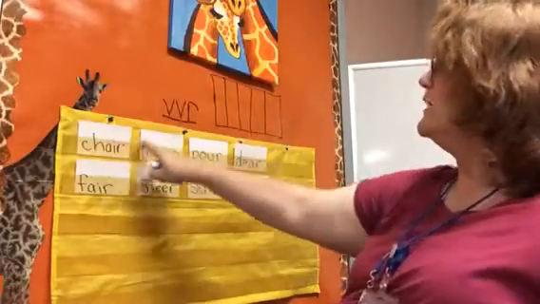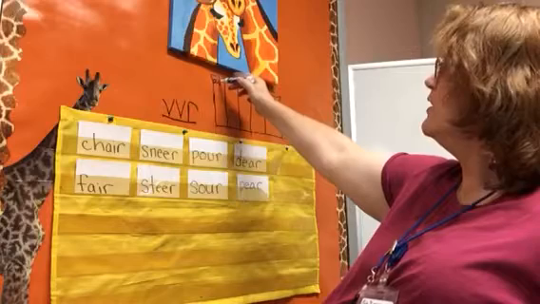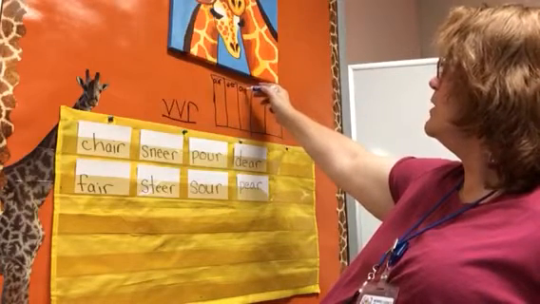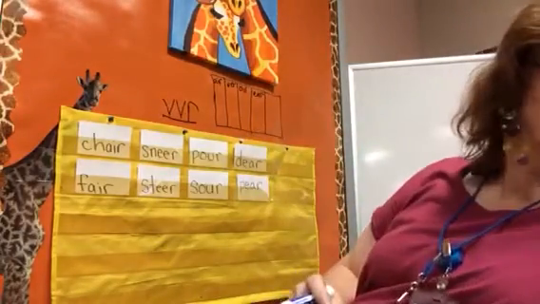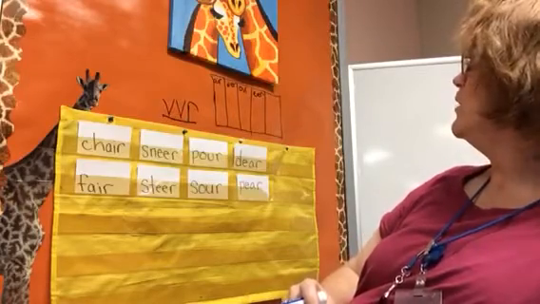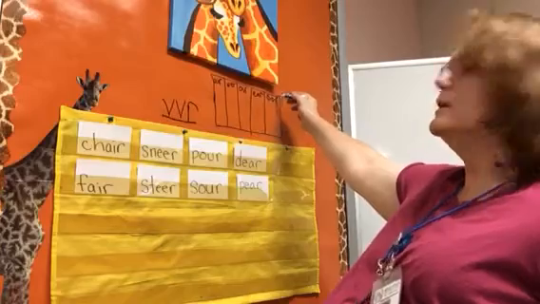And 4 of them are these right here, these patterns. You have AIR, you have EER, you have OUR, and you have EAR, and there's one more. It is OOR, like floor and door and things like that.